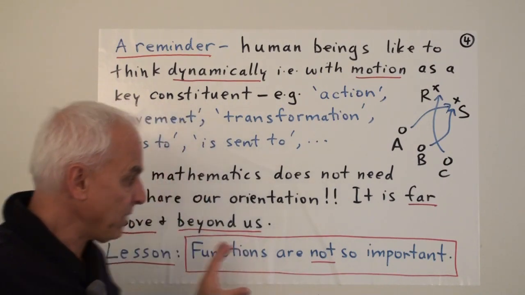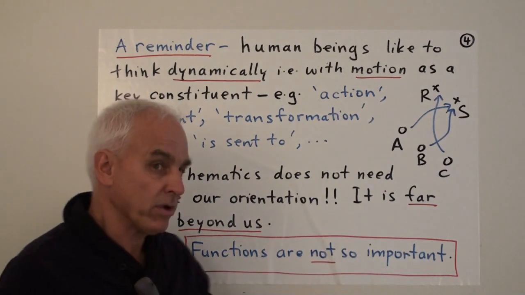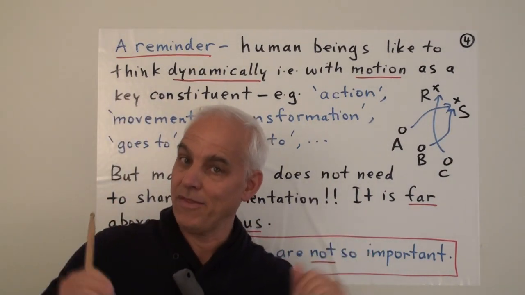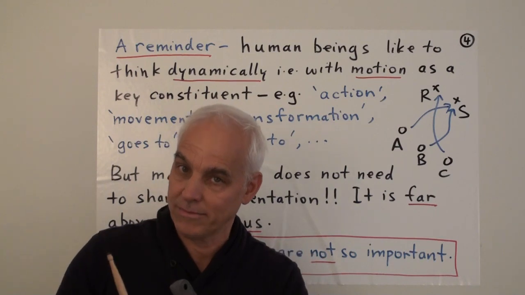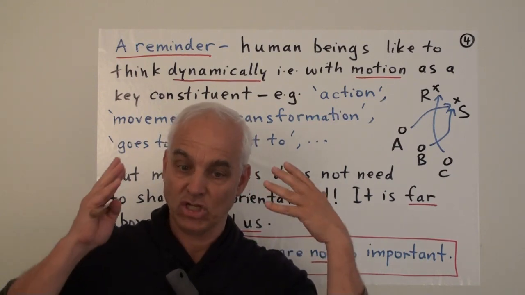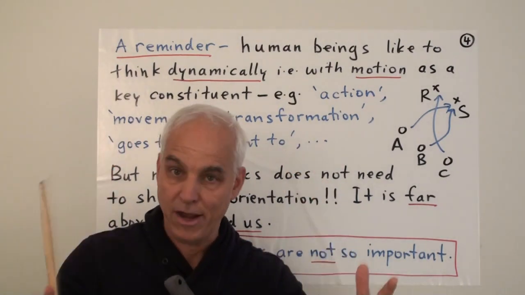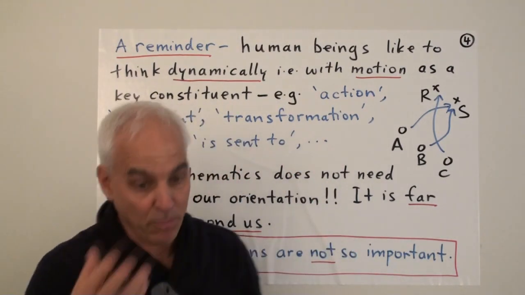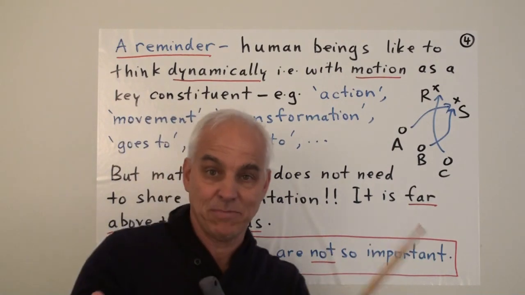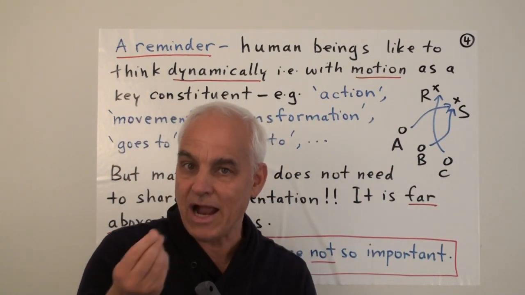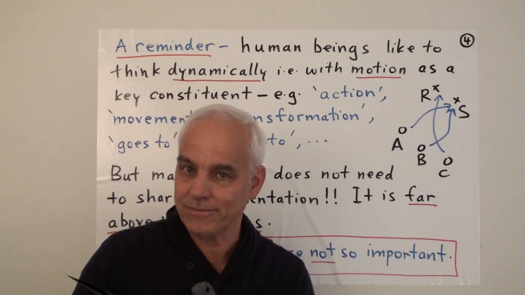So it might be that functions are not so important, that mathematics can be viewed in a more static fashion than what we're usually using. The mathematics is just there as represented by the formulas. The formulas just are there. And we can interpret them in a dynamic sense because we like to do that, but we shouldn't think that that's intrinsic to the actual nature of the formulas.